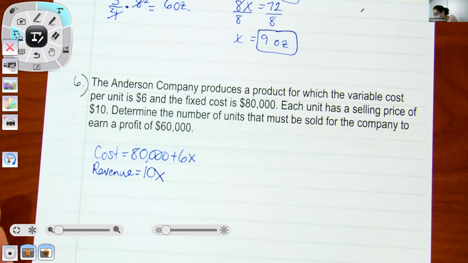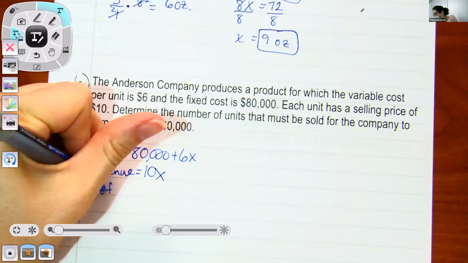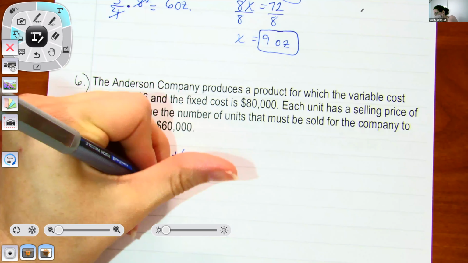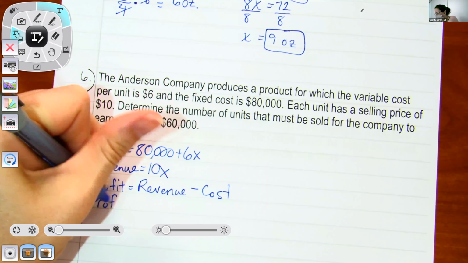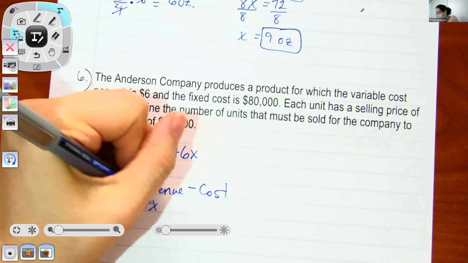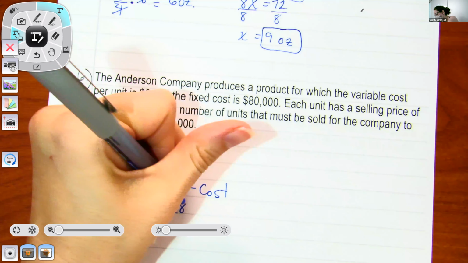And then profit is equal to revenue minus cost. So profit is equal to 10x minus parentheses 80,000 plus 6x.